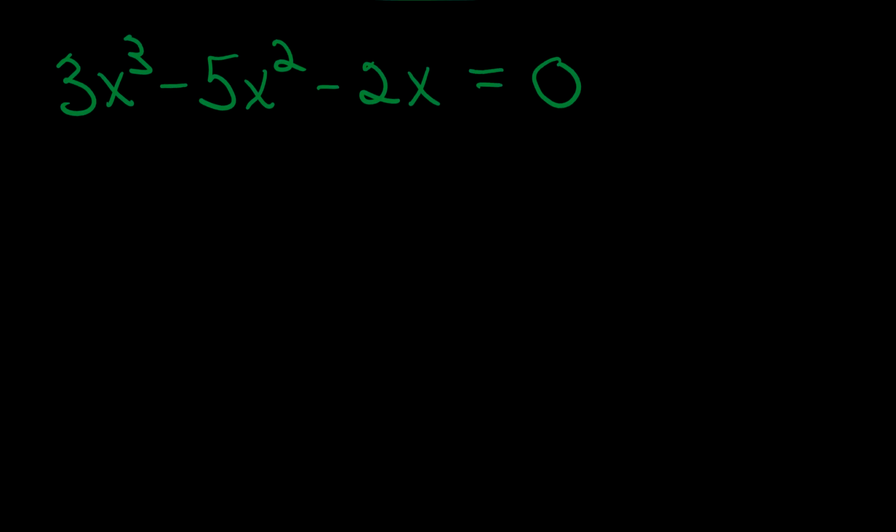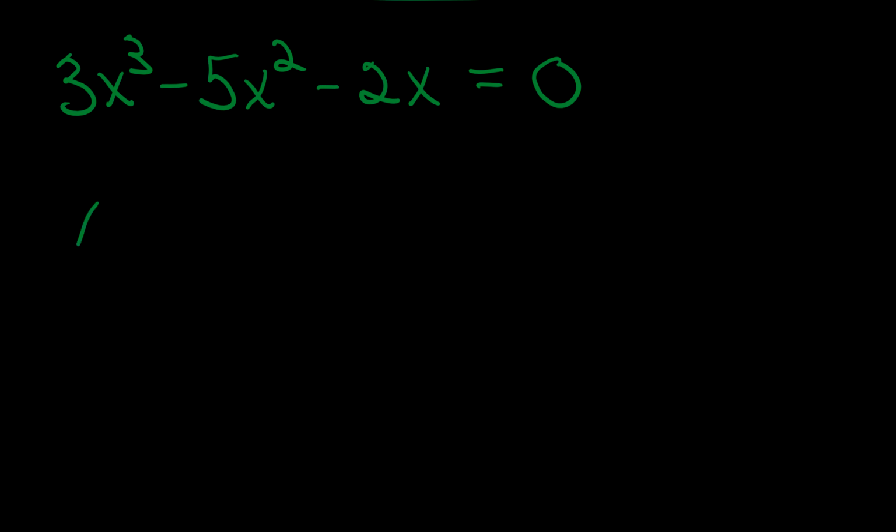Now I'm going to factor out anything I can factor out. So with this, I can factor out just the x, one x it looks like. If I've got 3, 5, and 2, I can't factor anything out. But then with my variables, I've got x cubed, x squared, and x. Well, we're back to the smallest one comes out, the smallest exponent of the variables.